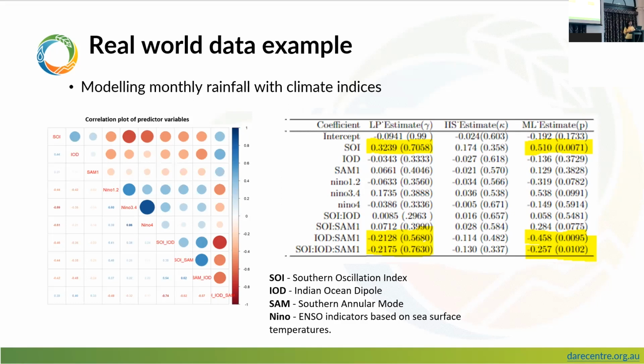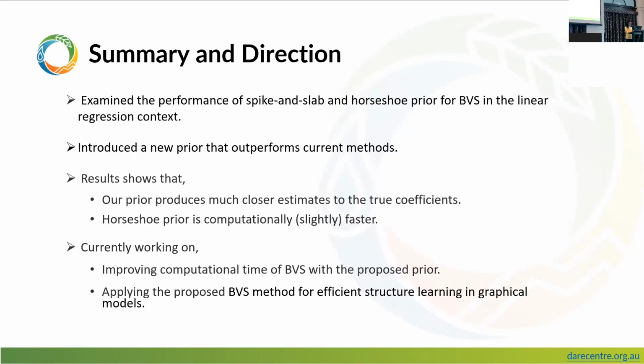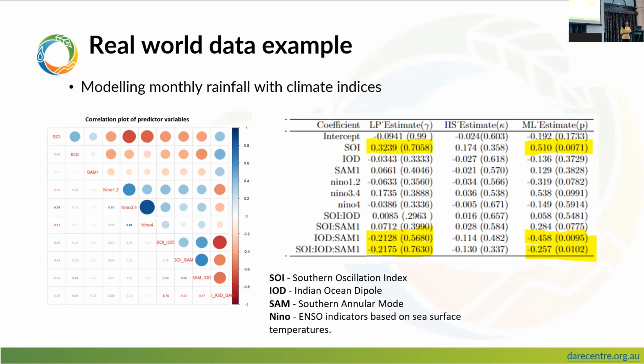I have chosen 6 indices of the ENSO effect: the Southern Oscillation Index, IOD, and SAM, and some NINO indicators, which are based on sea surface temperature. I have also included all the interactions of the first 3 indicators in the model.